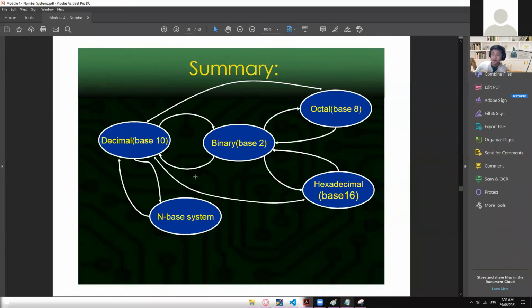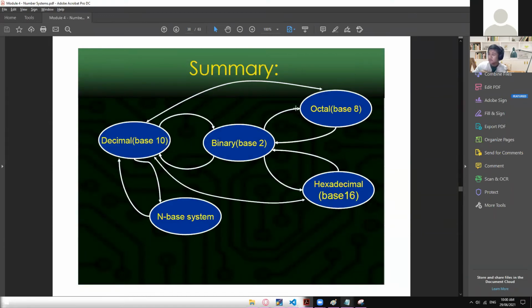All right, so here's the summary wherein you can convert decimal to n base, etc. So yeah, just read this one. There are things that you cannot convert right away. For example, you cannot convert octal to n base right away.